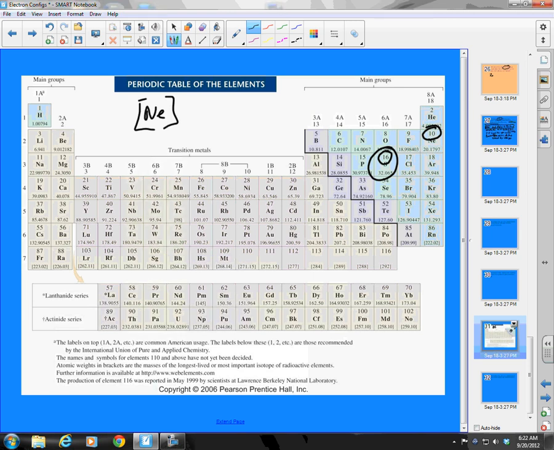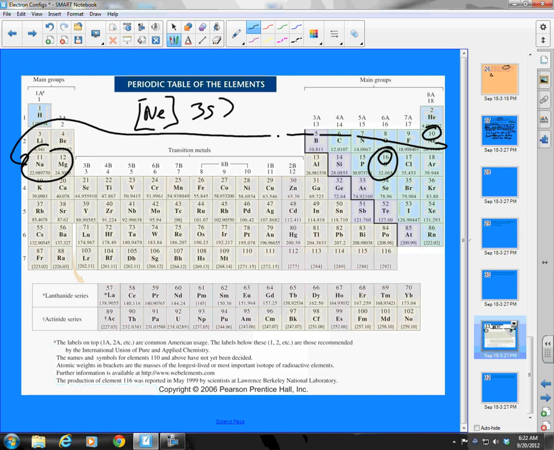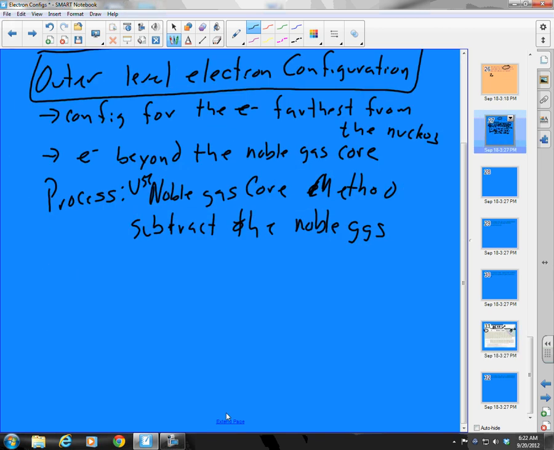After neon, I come over to 3s2, and then 3p: 1, 2, 3, 4. Good. So neon 3s2, 3p4. Let's write that down. For sulfur, I have neon 3s2, 3p4. This is my electron configuration using the noble gas method.